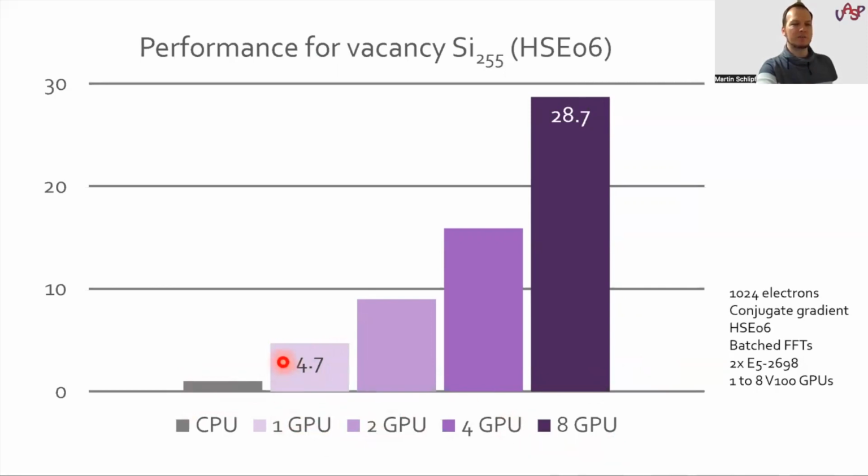So you can see even by using just a single GPU, we get almost 5 times faster. And then this scales, and by using more and more GPUs, we can get close to 30 times faster by using one node. So in this particular node, you have 1 CPU attached with 8 GPUs.